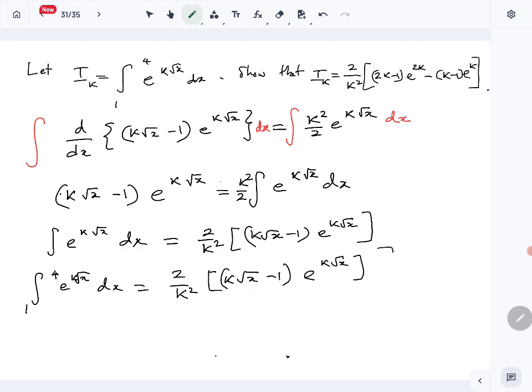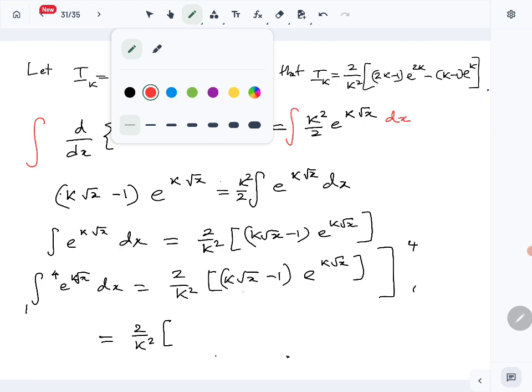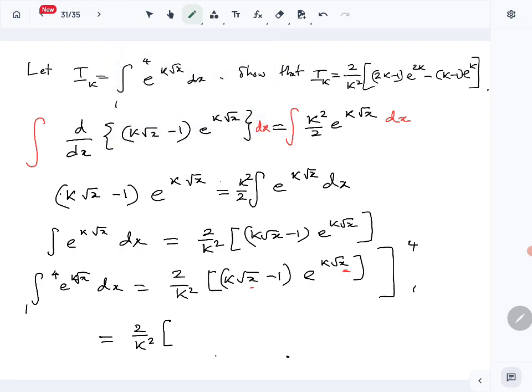So let's apply the limits 4 and 1. When we apply 4, you get 2 over k squared. We are applying the limit to variable x. Remember, variable x.